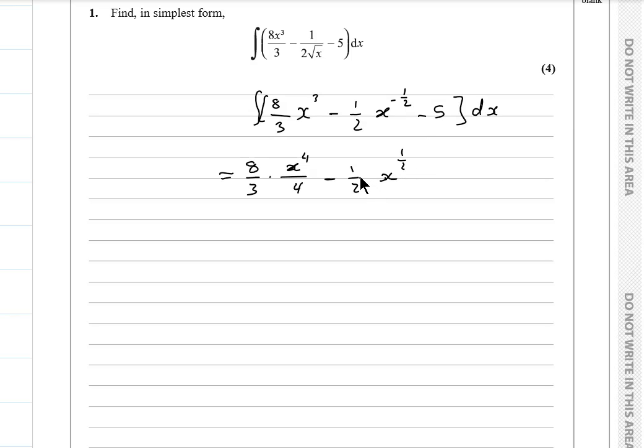To divide by half, you multiply by 2, right? And then minus 5x plus c. Let us simplify this. 8 over 4 will be 2, so it will be 2 over 3 x to the power 4 minus half times 2 will be 1, minus half, x to the power half minus 5x plus c.